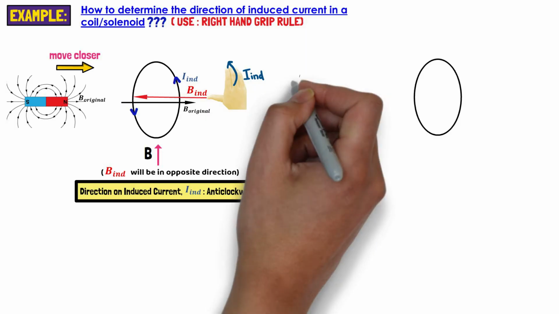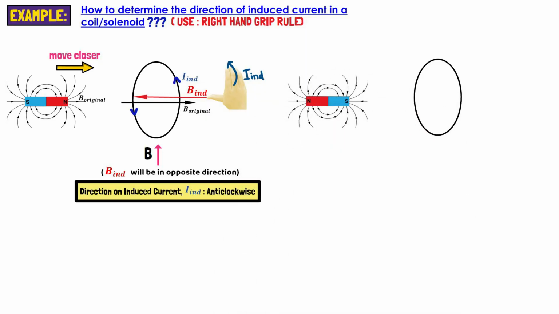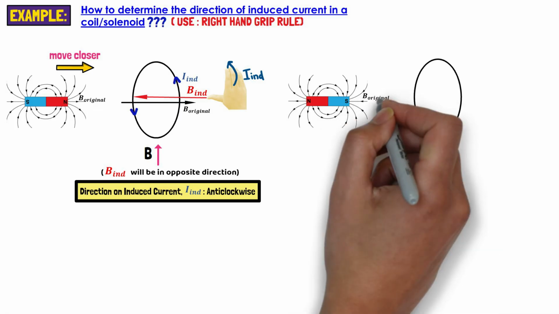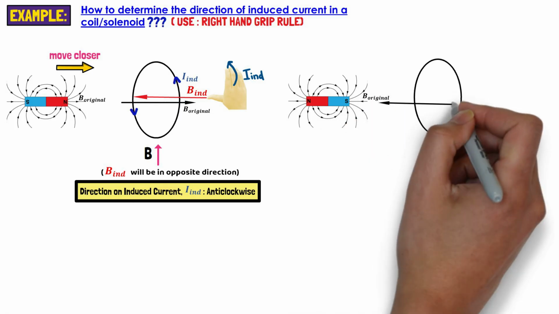Okey, bagaimana pula kalau kita ada kes yang kedua? Kali ini kalau you perasan, kita terbalikkan north and south pole. Jadi dalam contoh yang kedua ini, kali ini kedudukan south pole of the magnetic bar lebih dekat dengan coil. Alright, so apa yang berlaku? The direction of the original magnetic field bukan lagi ke kanan. Kali ini direction of the magnetic field is to the left.